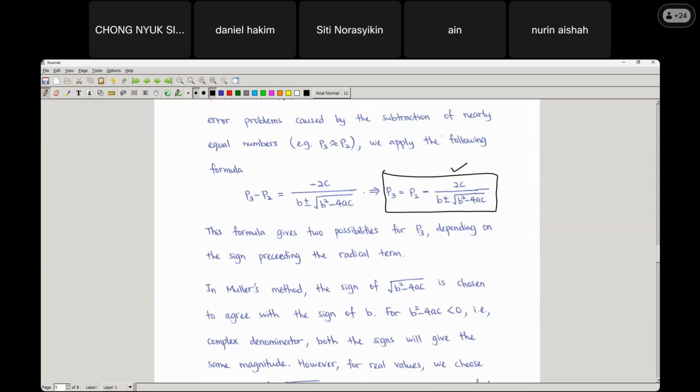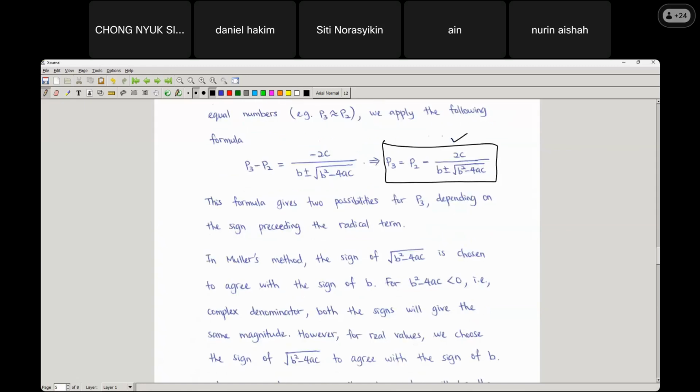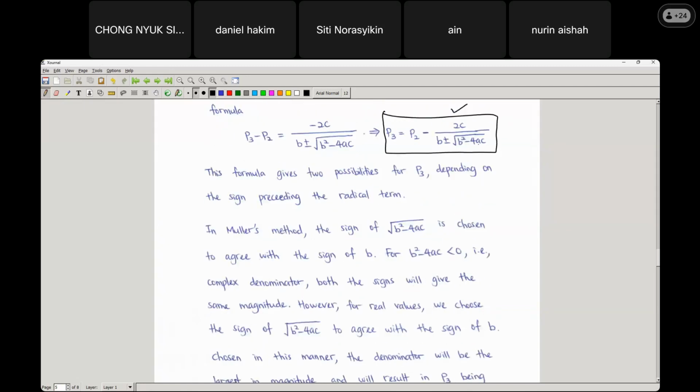There is another thing you need to be careful about, the square root of b squared minus 4ac. If b squared minus 4ac is a negative number, when you take the square root of a negative number, it is a complex number. You will not get a real number. Remember, the approximate solution should be a real number.